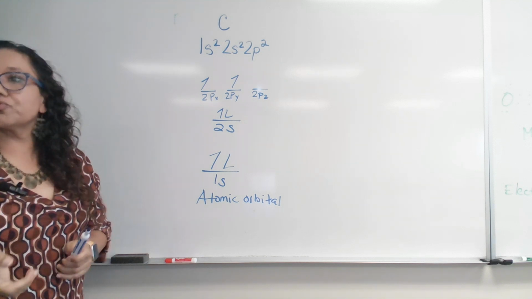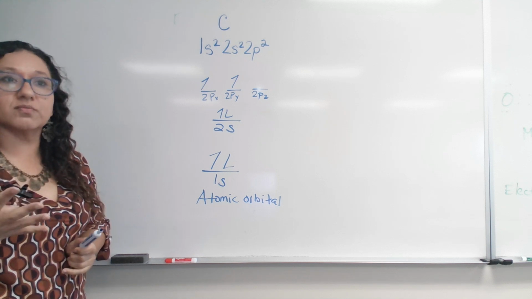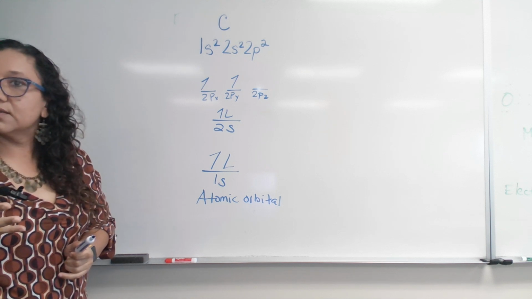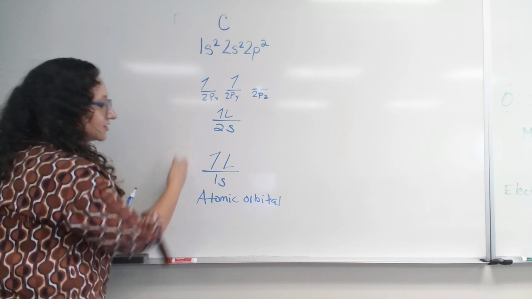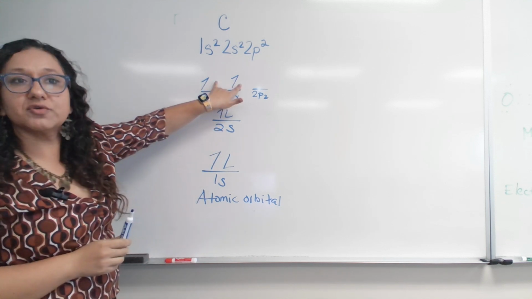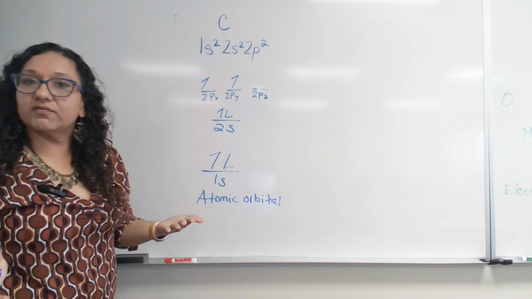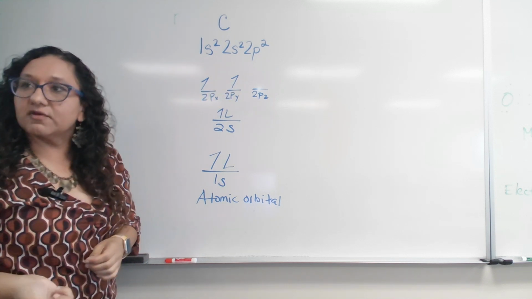But we know that's not true. We know that carbon can form 4 electron domains, 4 bonds. So why is it that in the atomic orbital, it only appears that they have space for 2? Because that is carbon by itself. And that's where valence bond theory comes in.